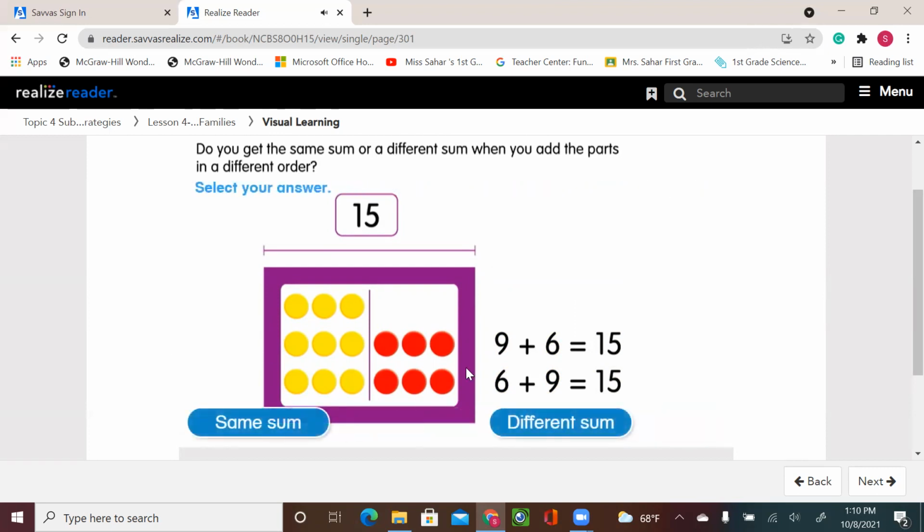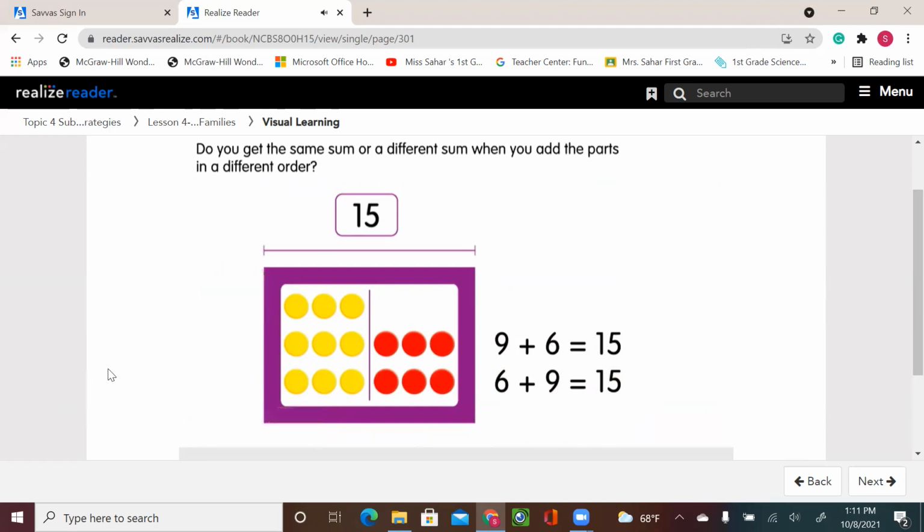Select your answer. We get the same sum. 9 plus 6 equals 15, and 6 plus 9 equals 15. So we get the same sum. So you can add the parts in any order.